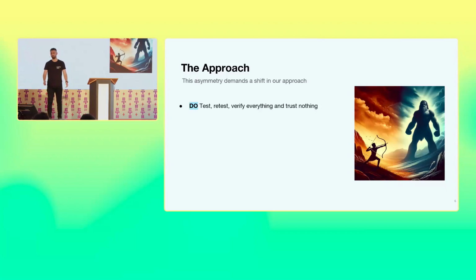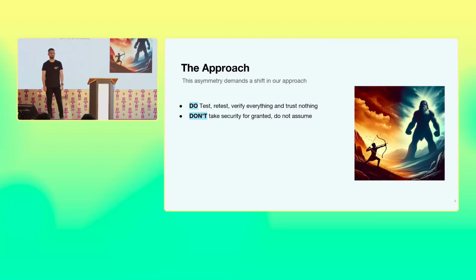So our approach can be summarized as we test, retest, and verify everything under various conditions using different techniques and on every possible environment. This testing also ideally should be conducted by different people.